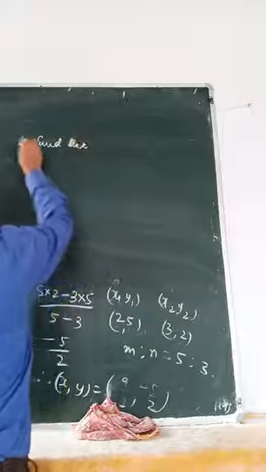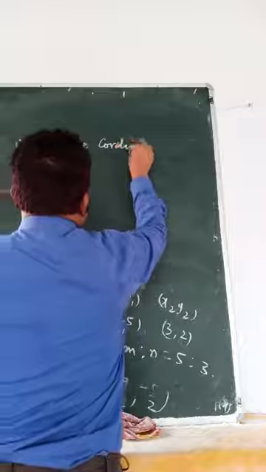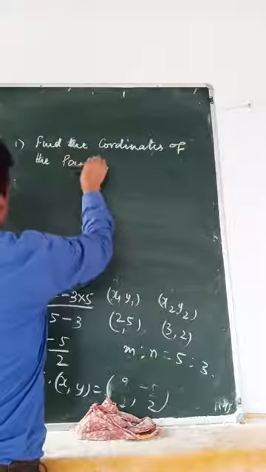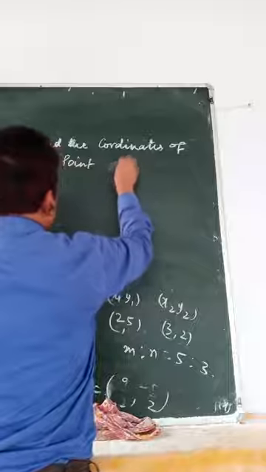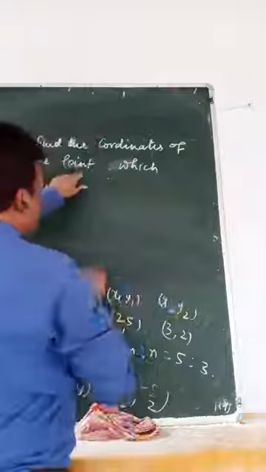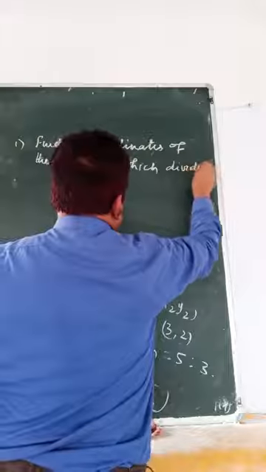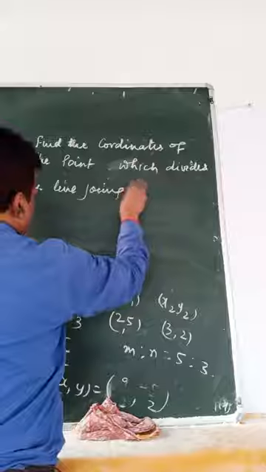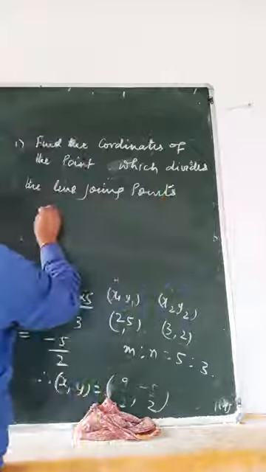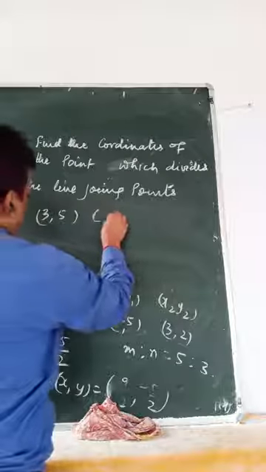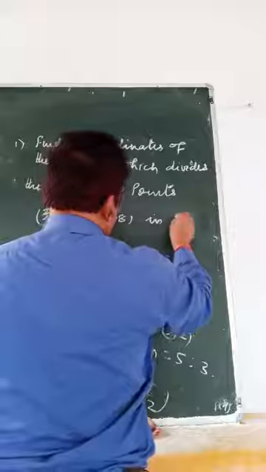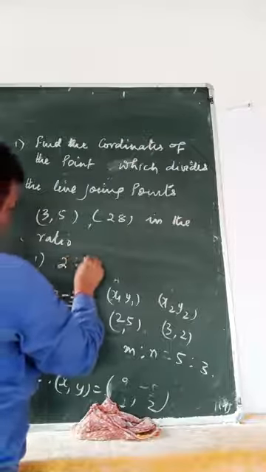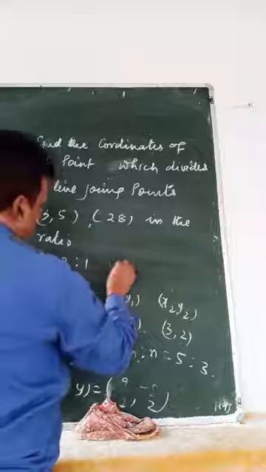Find the coordinates of the point, what is the point, means P you have to find out, which divides the line joining points 3, 5 and 2, 8 in the ratio first 2:1 internal.